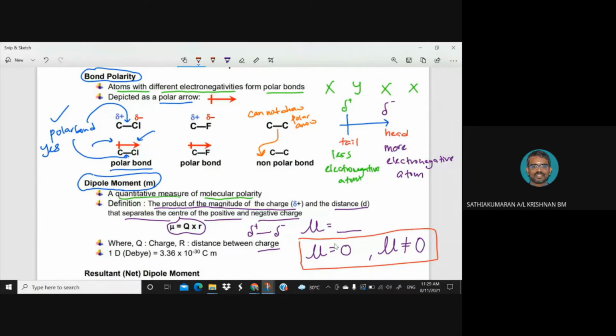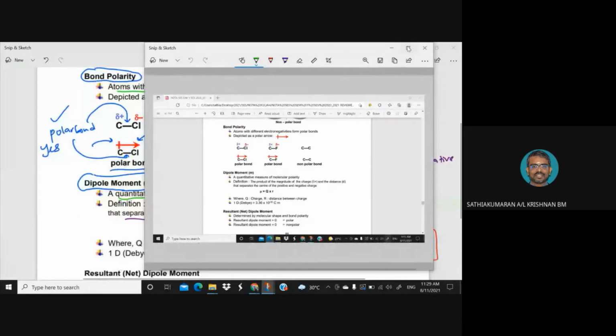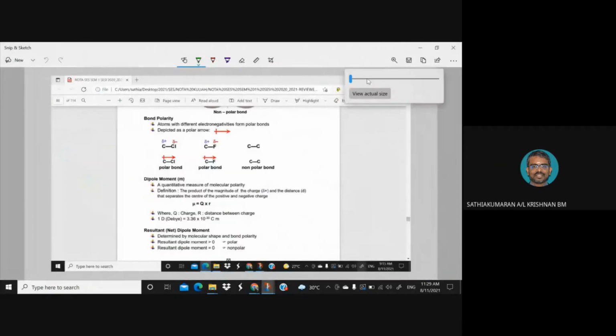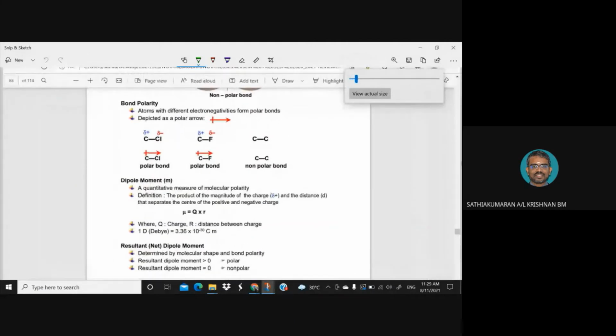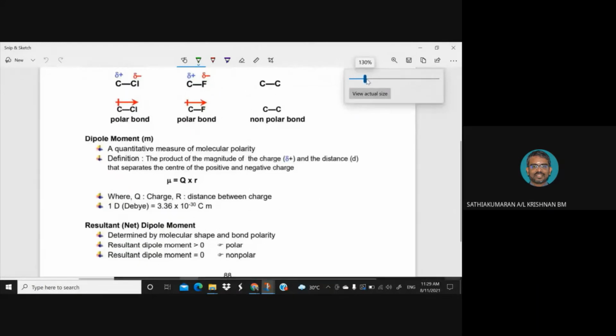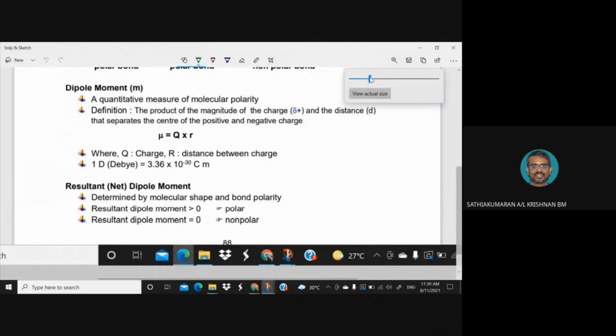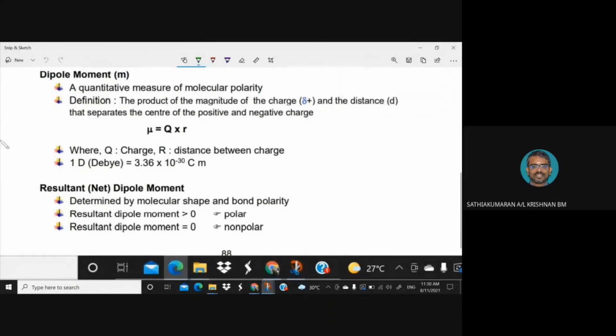Now let us see another term. What is resultant dipole moment? What is the lesson we studied just now?